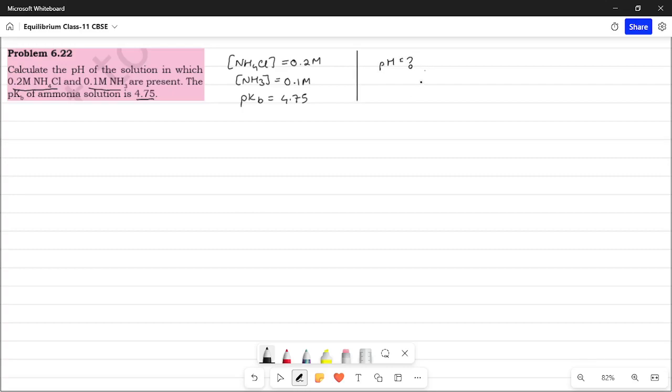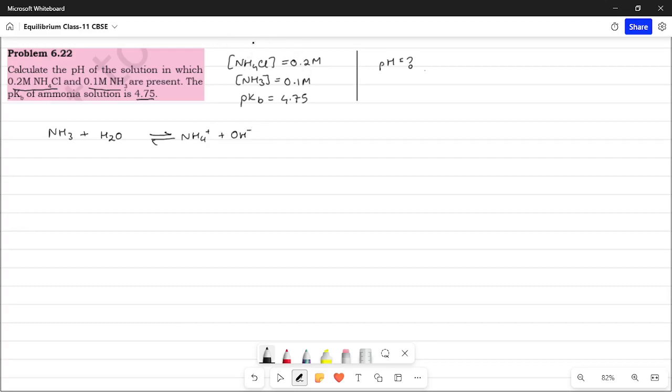Okay, so what we're going to do is first take the equation itself. So the equation: NH3 combines with water, ammonia plus water, gives rise to NH4 plus and OH minus.